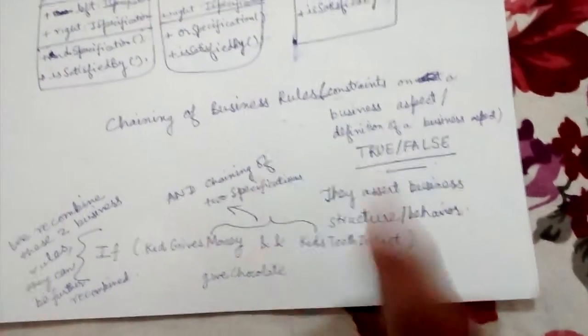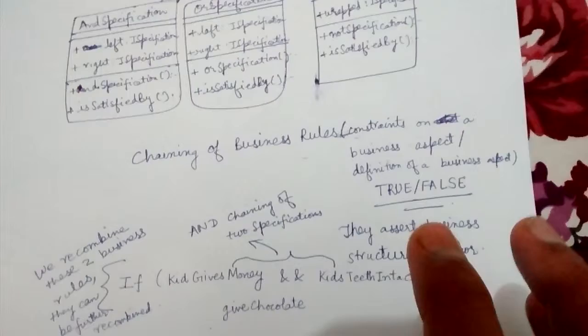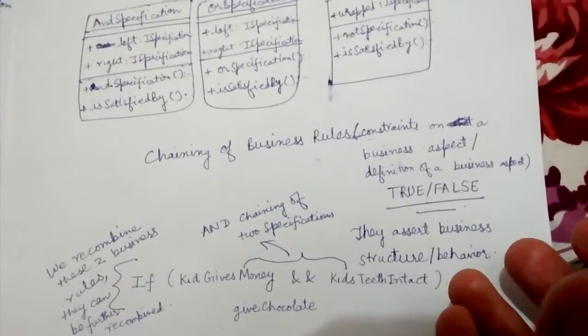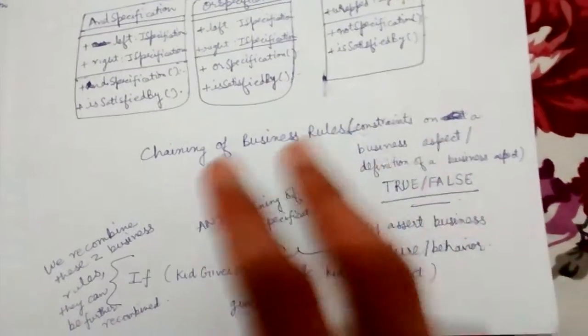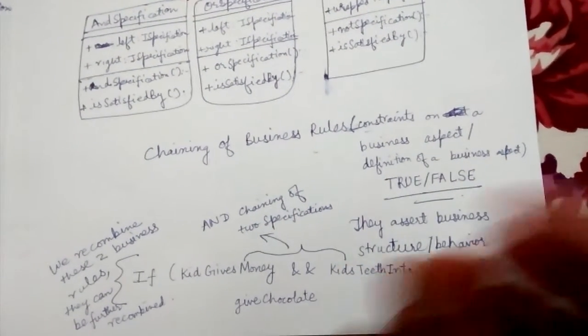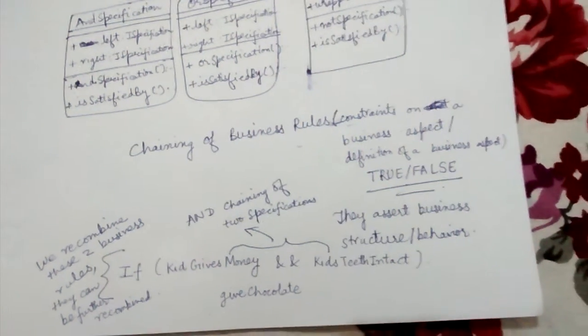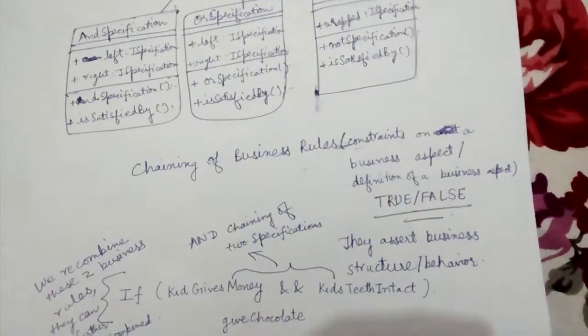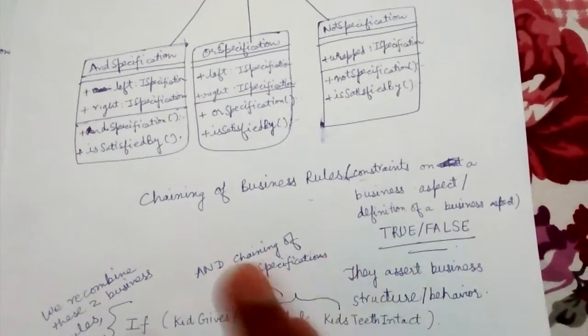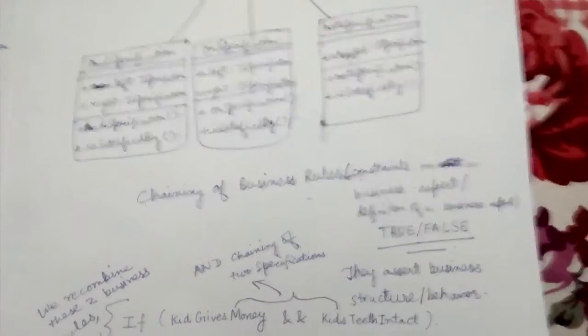So basically this is the specification design pattern, a very useful design pattern for recombination or chaining of business rules, to get a final composite business rule. So this is called the specification design pattern. Hope you get a feel of what it means.